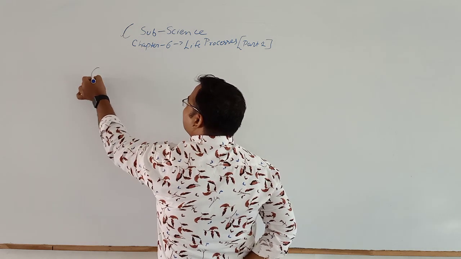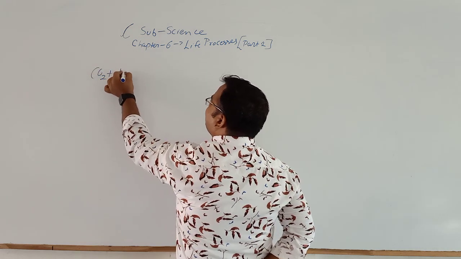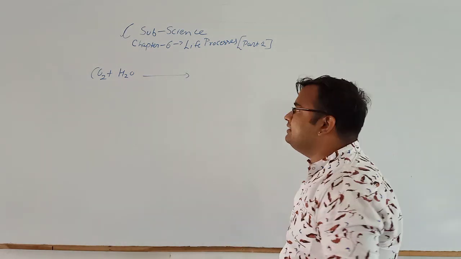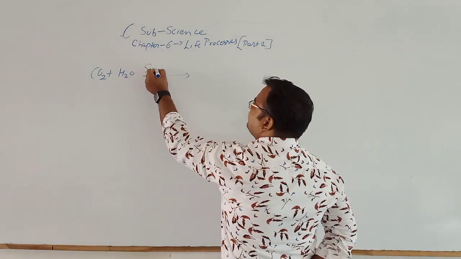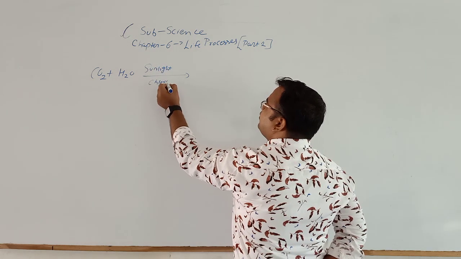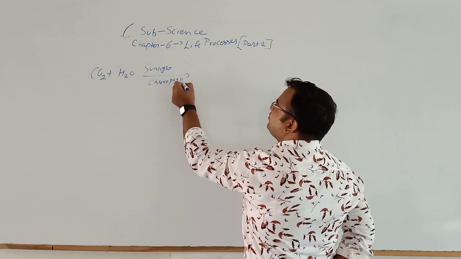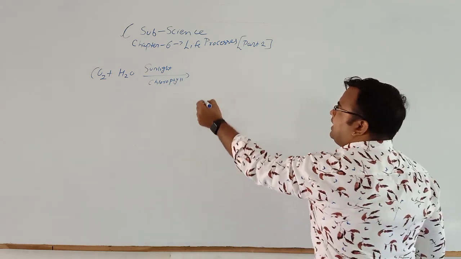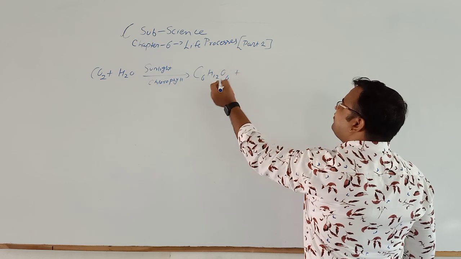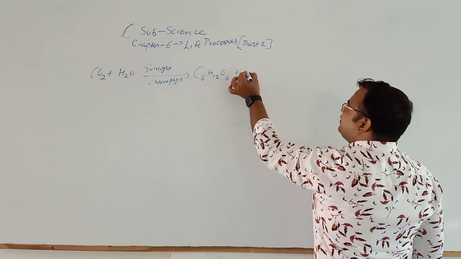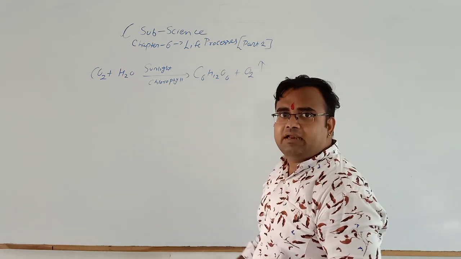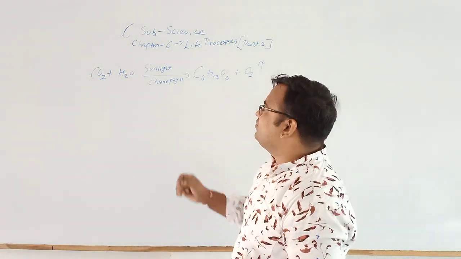Photosynthesis is the process in which carbon dioxide and water combine with each other in the presence of sunlight and chlorophyll, and produce glucose, or we can say carbohydrate, and release oxygen in the atmosphere.